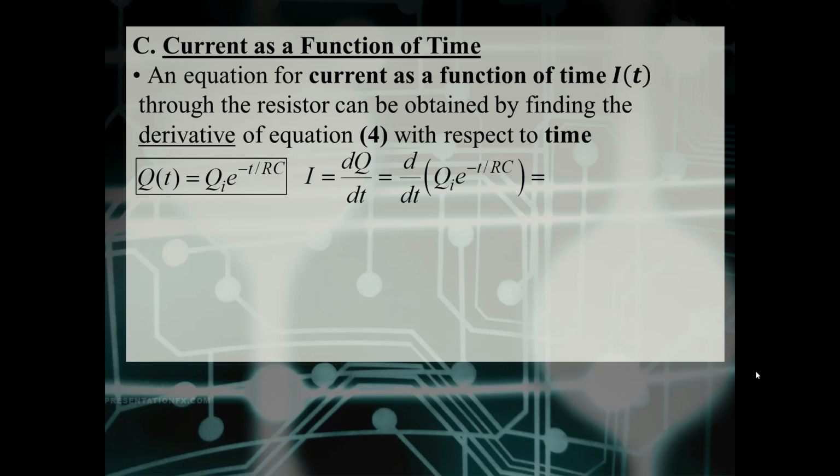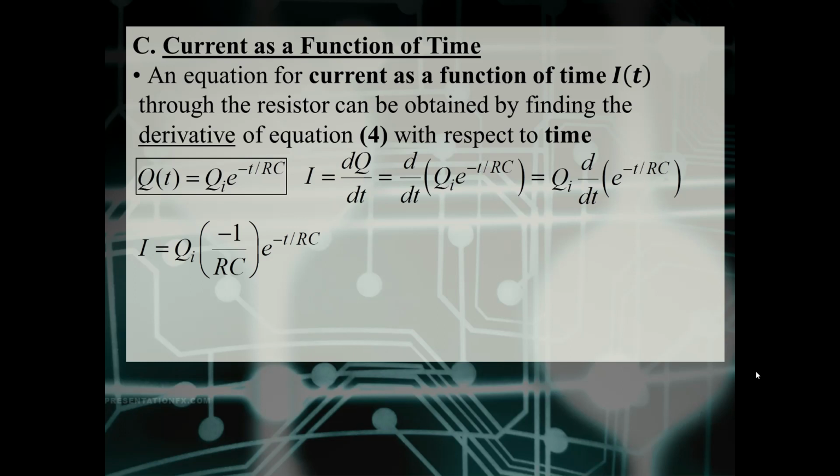Before I take the derivative, you can pull out anything that's constant. So the thing you can pull out here is qi, because that initial charge is a constant based on the circuit that we have. So you'd have qi times the derivative with respect to time of e to the negative t over RC.